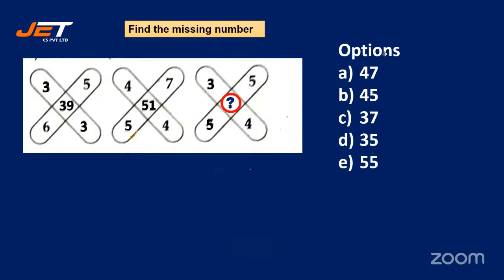So let's do this. Take 6. Then take 5. So 6 into 5, 30. Plus 3 into 3, 9, 39. Like that, 5 into 7. 5 6s are 30, 5 7s are 35. 35 plus 8.